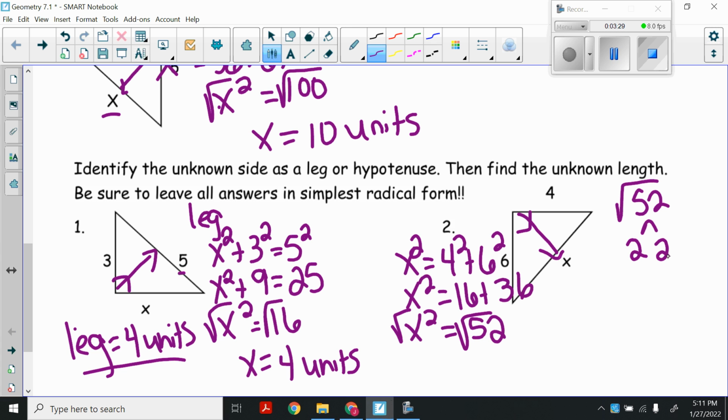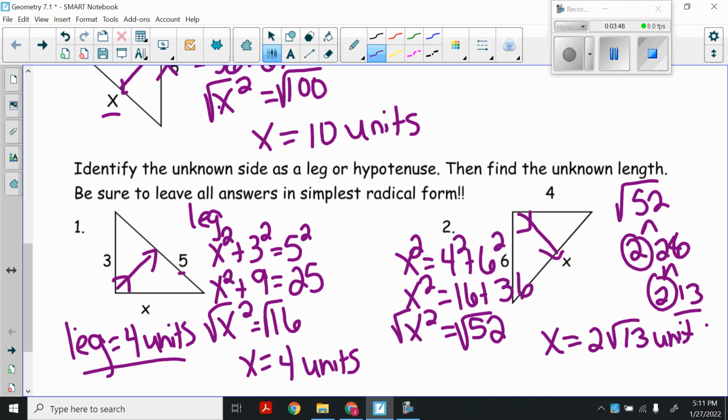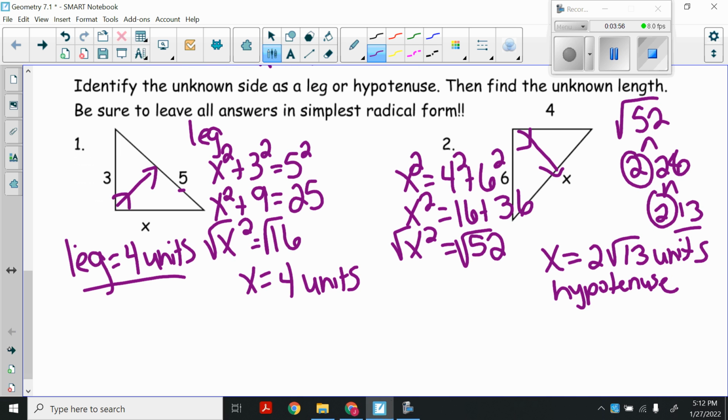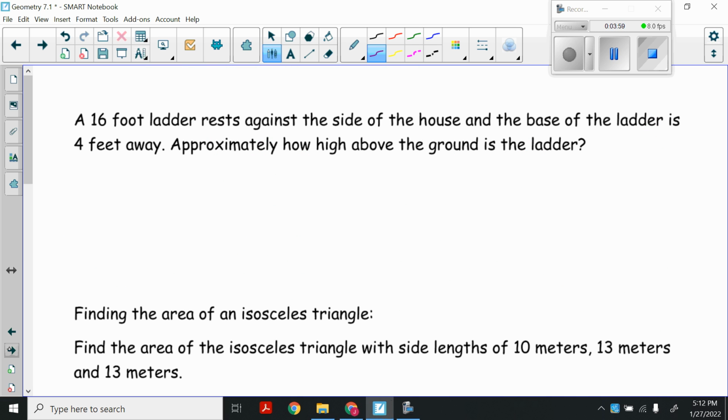Let's see, 26 times. 26 breaks down to 2 and 13. I have a pair of 2's and a 13 left behind. So this time I get x equals 2 square roots of 13 units. And this is a hypotenuse that we found. So again, that's just using our Pythagorean theorem. Nothing new for us.